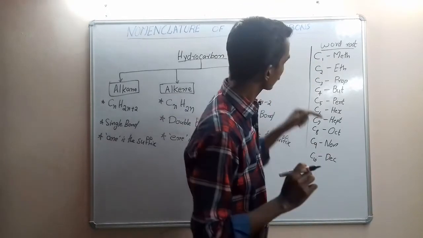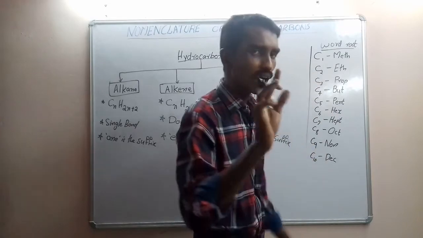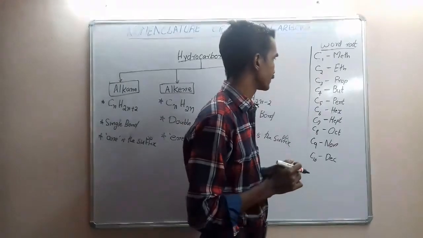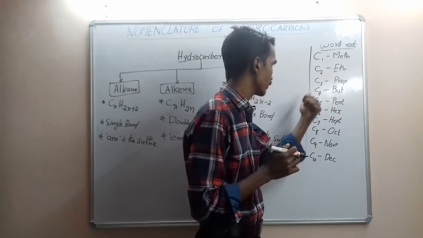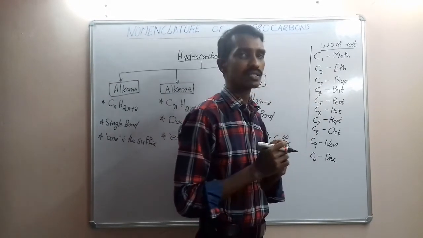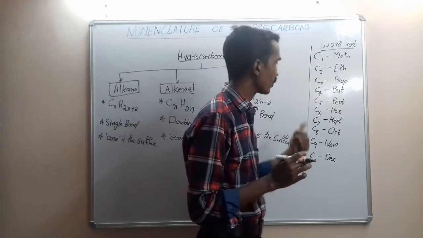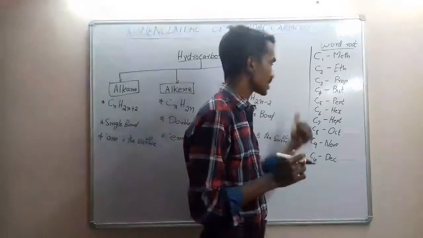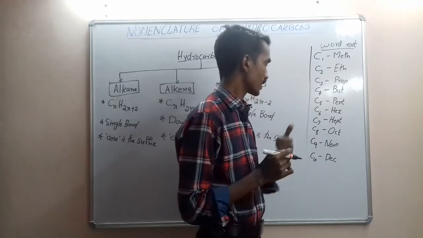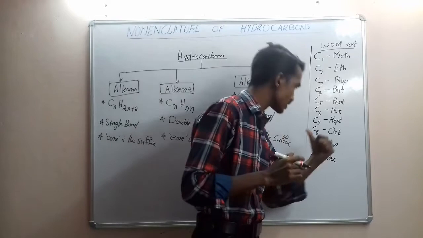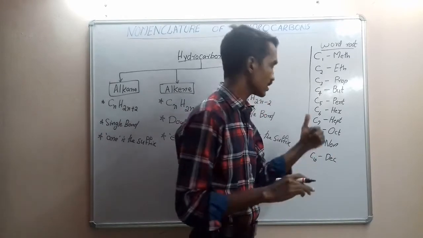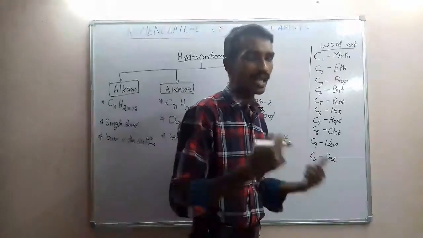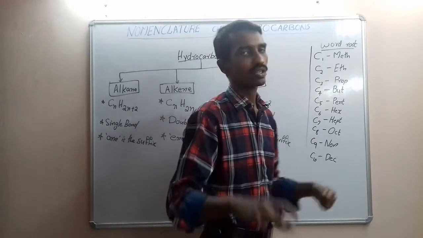C2, two carbons, eth. Three carbons, prop. Four carbons, but. Five carbons, pent. Six carbons, hex. Seven carbons, hept. Eight carbons, oct. Nine carbons, non. Ten carbons, dec. Then duodec, and it goes on like this.